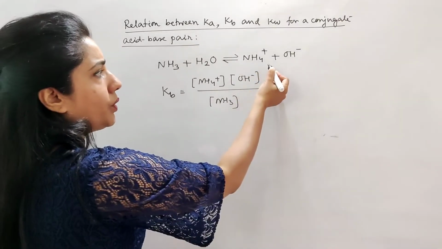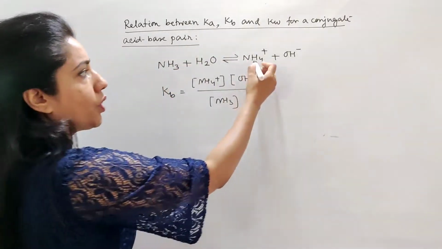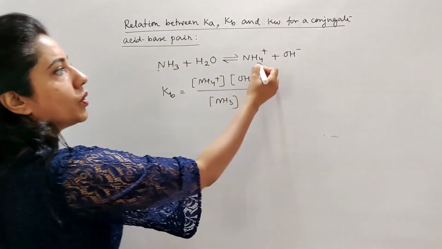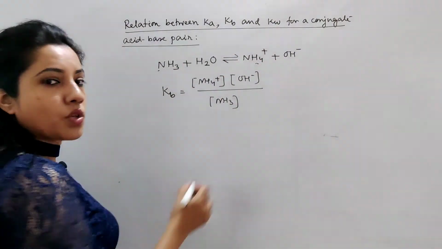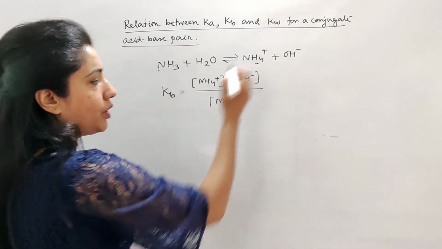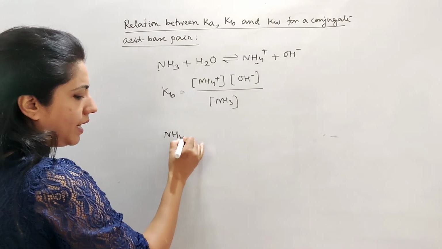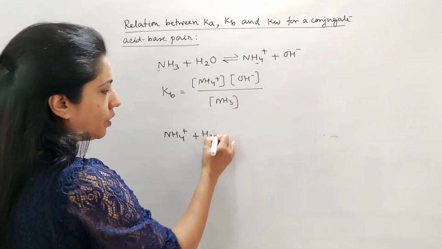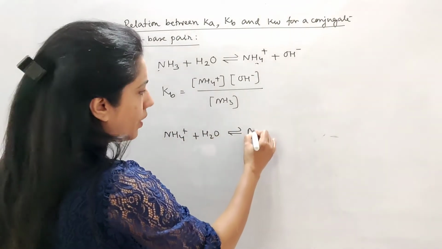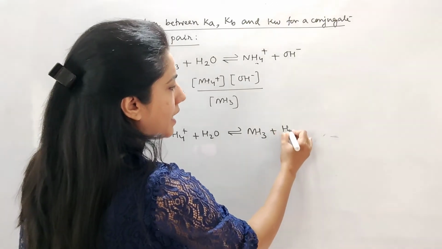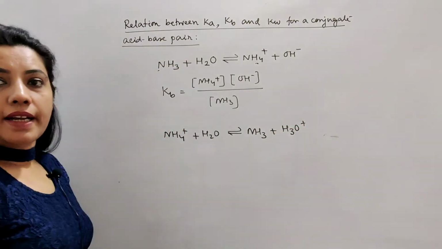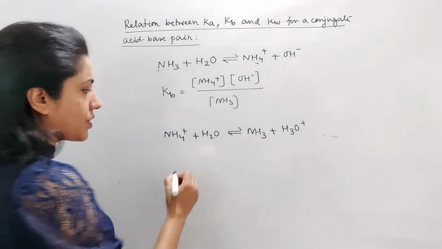Now you do the reverse reaction. Ammonia is the base here, so this will be the conjugate acid. So now we are going to see the reaction for the conjugate acid, where NH4 plus reacts with water to give you NH3 plus H3O plus. Let us write down the Ka for this reaction.